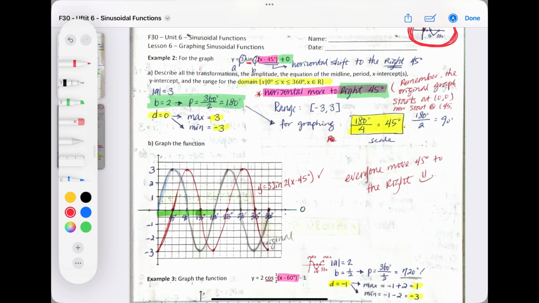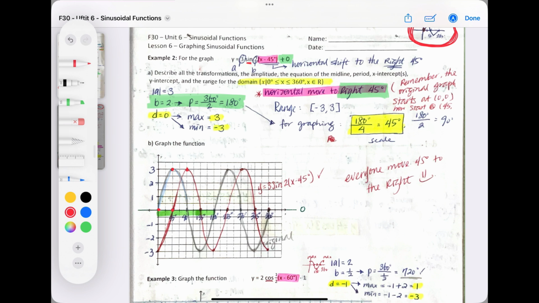But now what happened? Now every point had to move to the right side 45 degrees. Now luckily you see how I made my scale. So if the original point was right here, but now I need to move the point to 45 degrees. Good. And the original point was here, but I need to move to the right side 45 degrees.